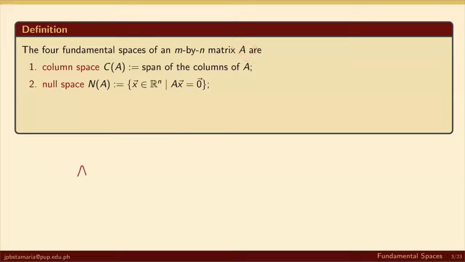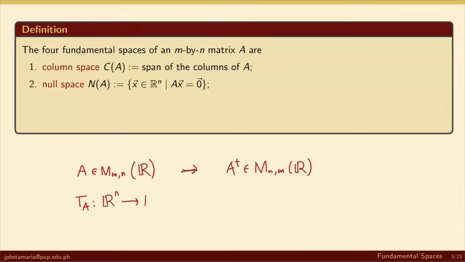Now, recall that if A is m by n, the transpose is going to be of size n by m. So in other words, as a linear transformation, if T_A goes from Rn to Rm, the transformation associated with the transpose is going to happen from Rm to Rn.